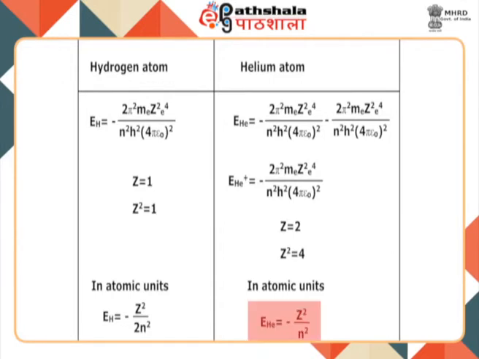You have already learned the concept of atomic units and you know very well that in atomic units things simplify: the mass of the electron is taken to be unity, and the charge is also taken to be unity. So the only terms which are basically left would be the corresponding terms which are coming here. It's just the application of atomic units to these expressions and they look very simple and easy to remember.